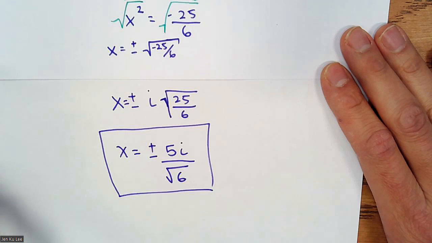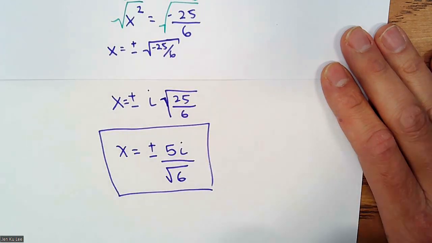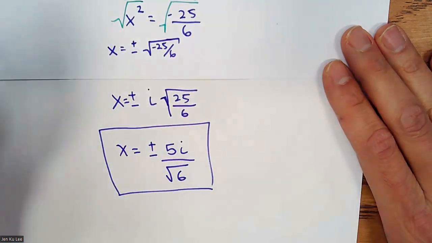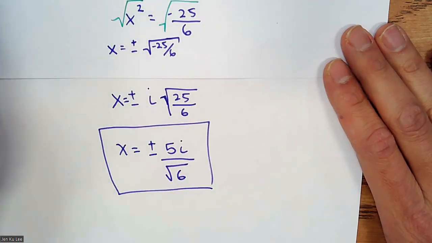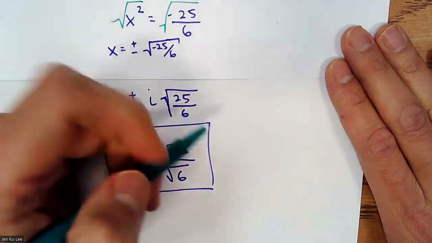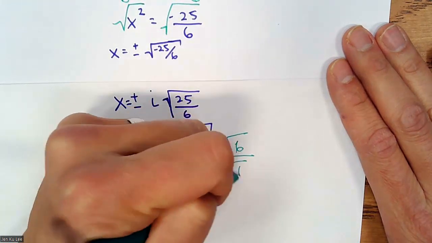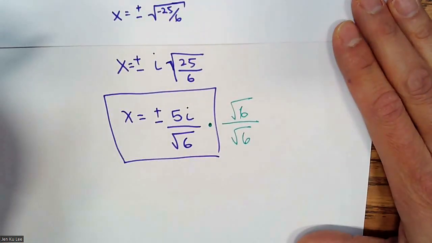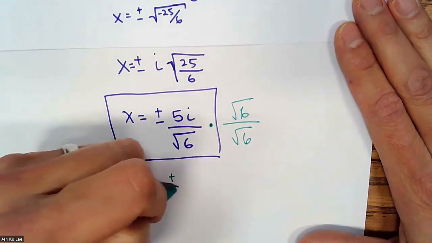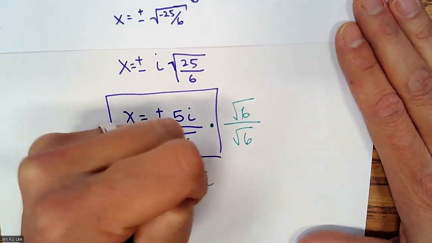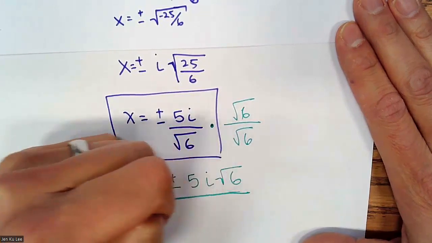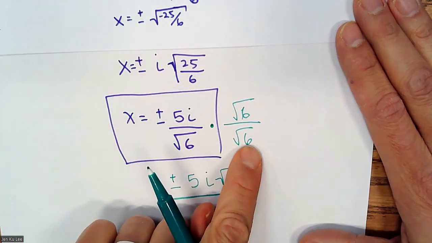Yes. So what we're going to do here, I'm only previewing the lesson that I'm going to do later on, is multiply this by the square root of 6 over square root of 6. So in my top, I'm going to have 5i square root of 6 over square root of 6 times square root of 6.